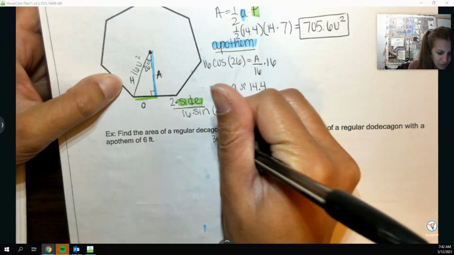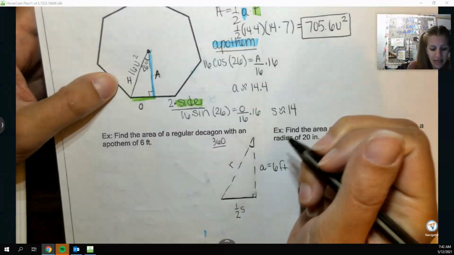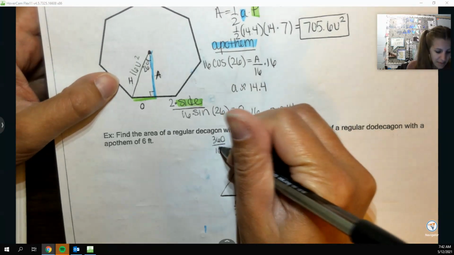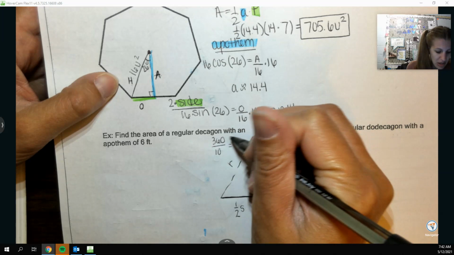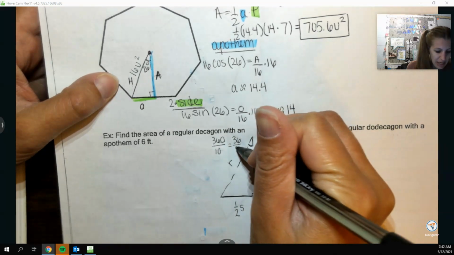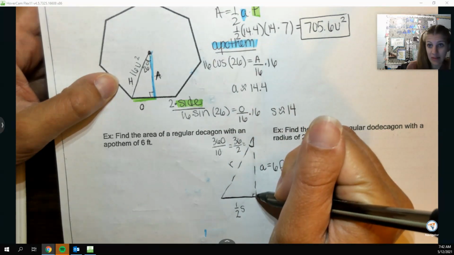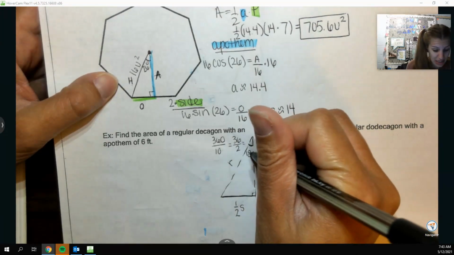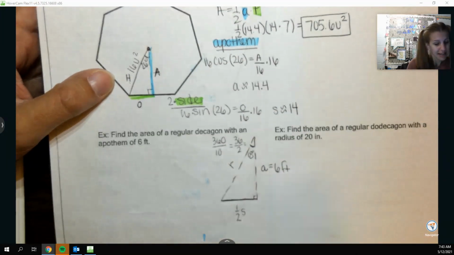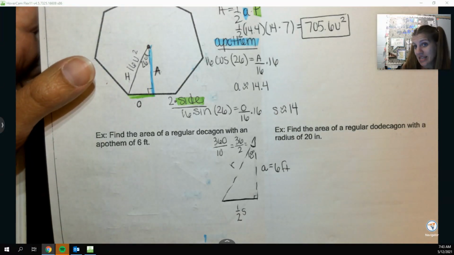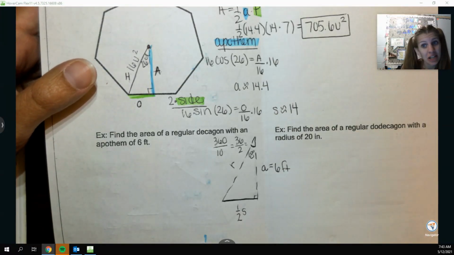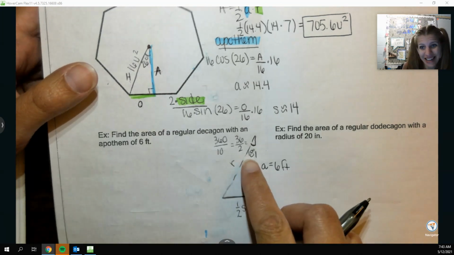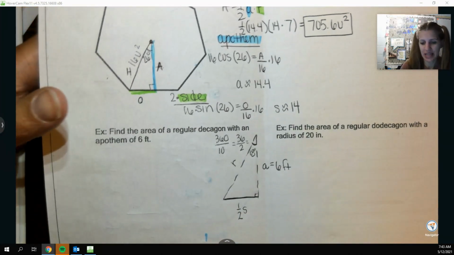We're doing 360 divided by the number of sides, so 10, so that's 36 degrees, and then we need to split it in half again because my apothem splits the central angle in half, so 18 degrees. Then, based on whatever angle you get, you're either using a special right triangle, which sadly is not the case, or you're having to use a trig thing.